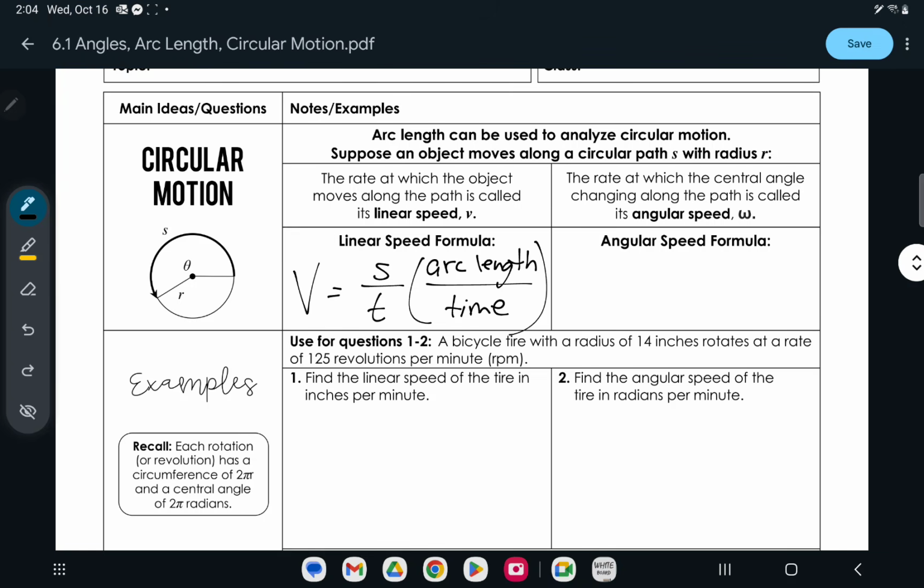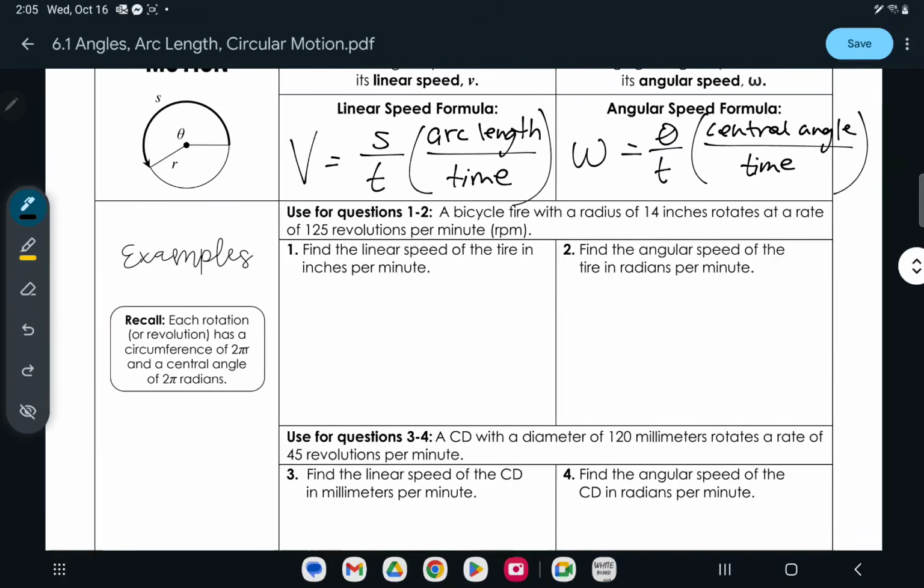The angular speed is the rate at which the central angle is changing along that path. So we use theta over t, which is the central angle over time.